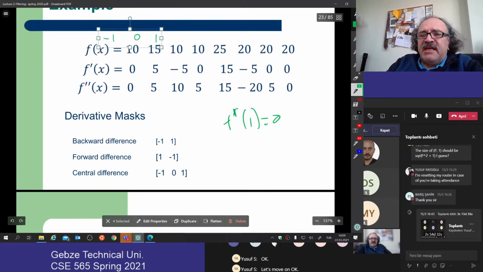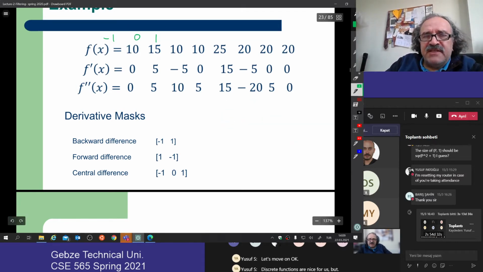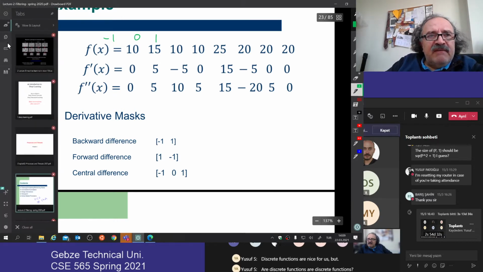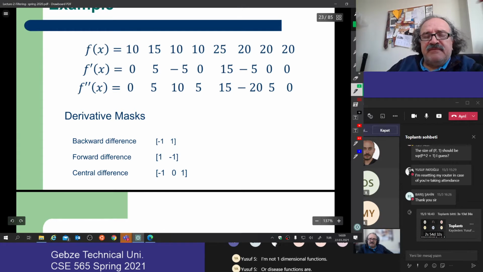Discrete functions are nice for us, but our discrete functions are not one-dimensional functions. Our discrete functions are two-dimensional images.